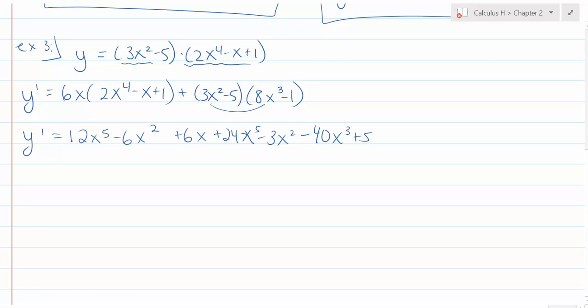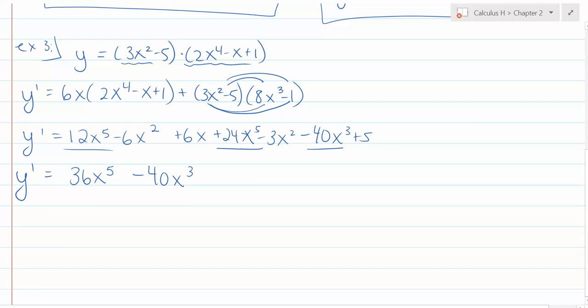So first, outer, inner, last. Combine like terms. I get 36x to the fifth, because I'm just putting my like terms together, minus 40x cubed, my x squareds together, minus 9x squared, plus 6x plus 5.